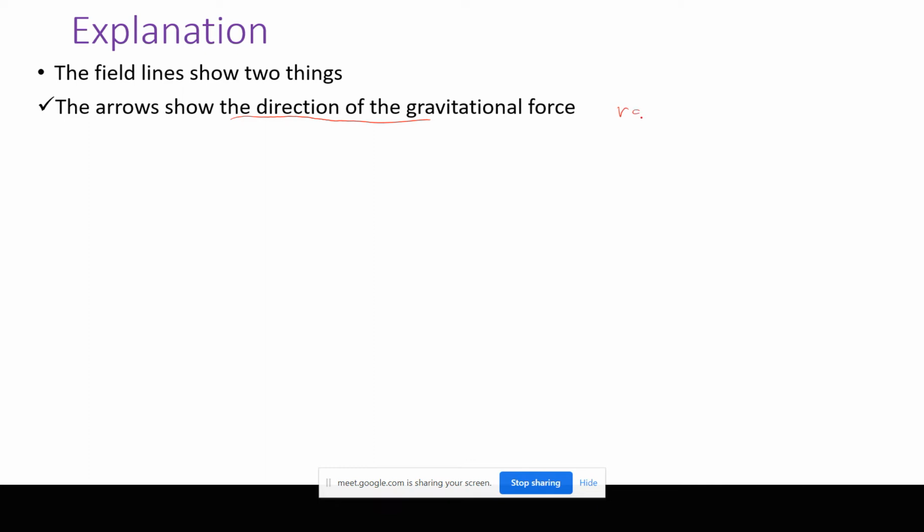The arrows show the direction of the gravitational field. Therefore, they show the direction of the gravitational force on any mass placed in the field. Any mass in the Earth's gravitational field is going to move towards the center of the Earth.